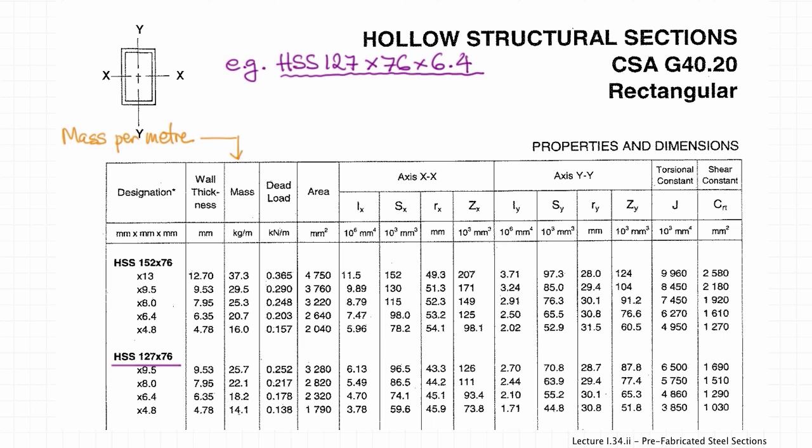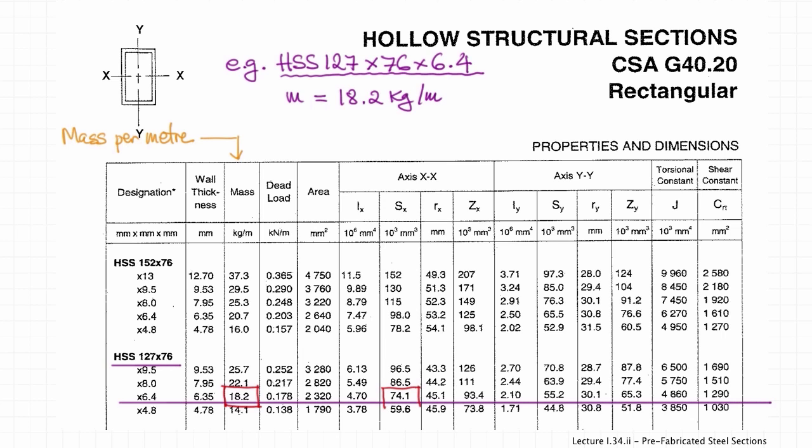So that would be 18.2 kilograms per meter for this section. And of course, the section moduli Sx and Sy can then be obtained from their corresponding columns.